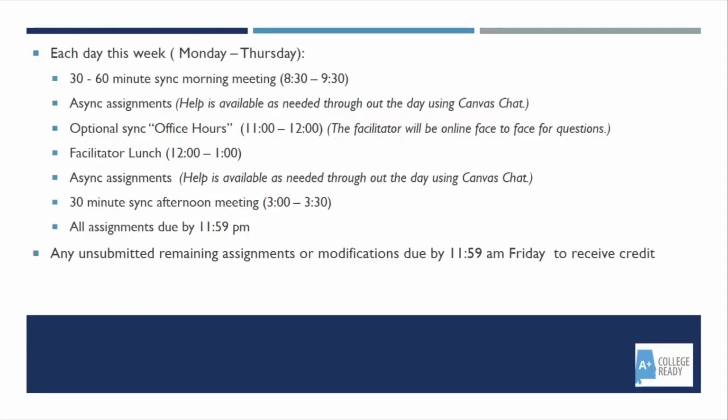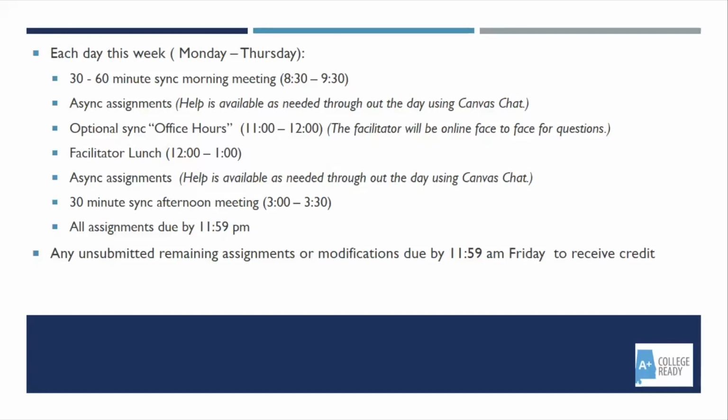So, to give you an overview, the training is Monday through Thursday from about 8 to 3:30 every day. In the morning, we'll have about a 30 to 60-minute meeting together via Zoom. Then you'll be assigned to breakout rooms and you'll have some assignments to do in those. Your facilitators will have office hours from 11 to 12 every day so you can jump in and ask any face-to-face questions, engage in any discussions.